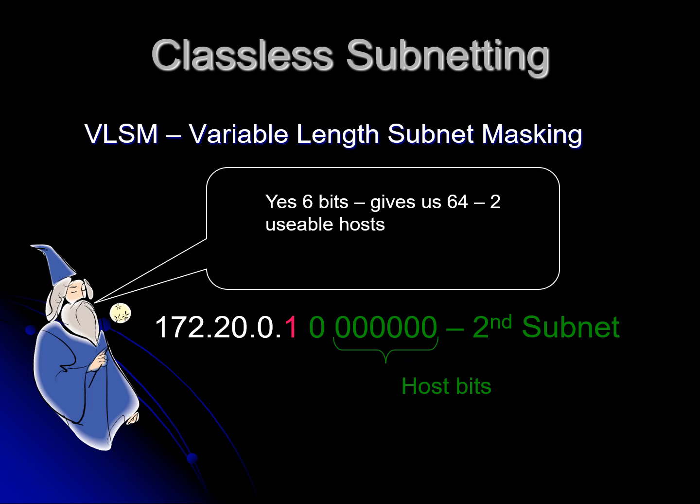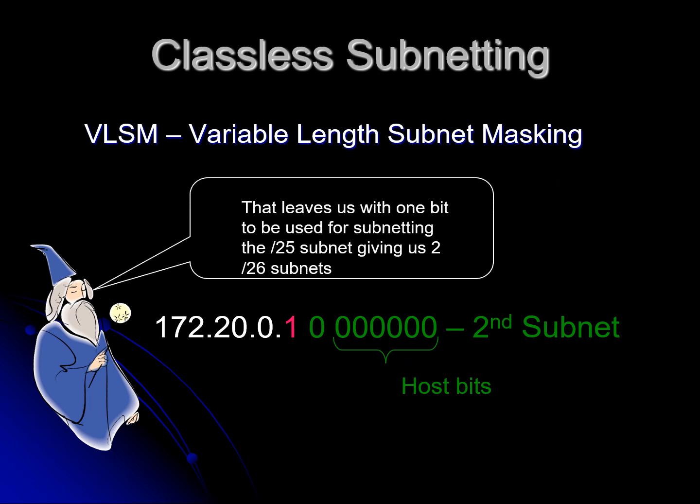So we end up with 62, which is more than enough to cater for our subnet C. That leaves us with 1 bit to be used for subnetting, giving us 2 /26 subnets. That's the bit that's left over, and we're going to use it to cater for our remaining subnets.